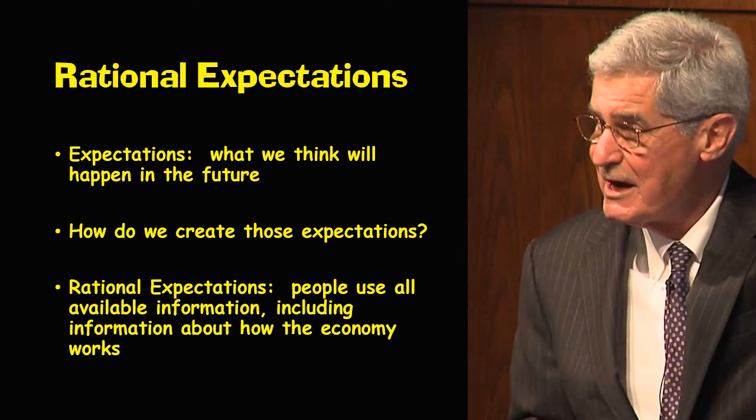What Lucas and his friends came up with is something called rational expectations. Rational expectations says people use all available information, including information about how the economy works, to make up their expectations of the future. What that means is that people understand how things work. If their real wage is falling, they understand that, and they understand the implications of that. And they understand that, according to this theory, there are natural forces in the world that are going to fix that.